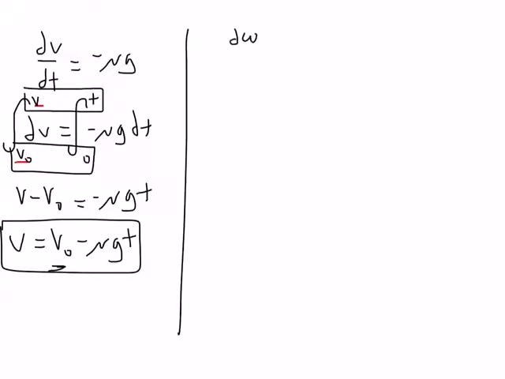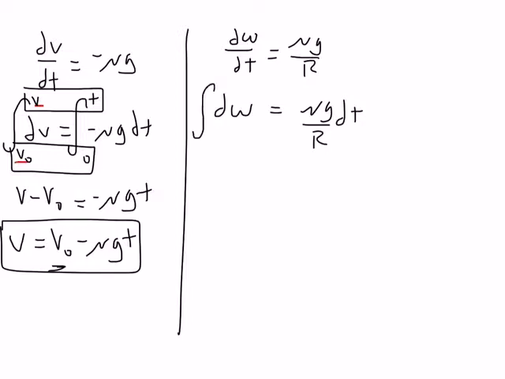We have d omega dt is mu, that was sloppy, mu g over r. Same thing. This can be solved with separation of variables, so we will separate. And with the variable separated, we again have to integrate, but the ends of the integral are just a little bit different because the conditions are just a little bit different.